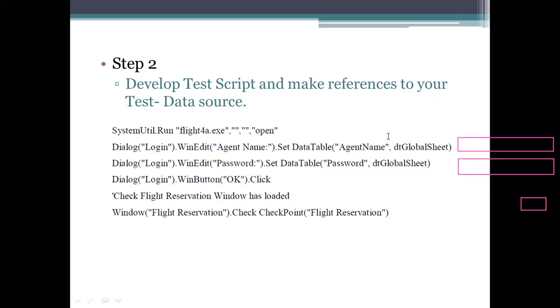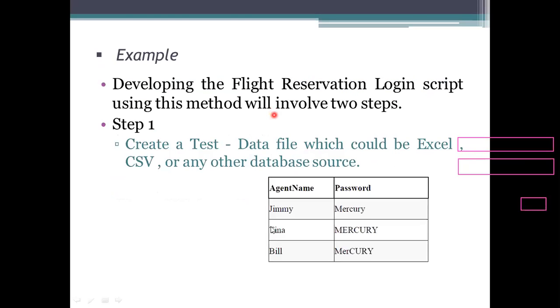So the agent name we are giving, consider it as Tina. Okay. Let us see. So here the first letter is a capital, and the password is all capital, that is, uppercase letters.